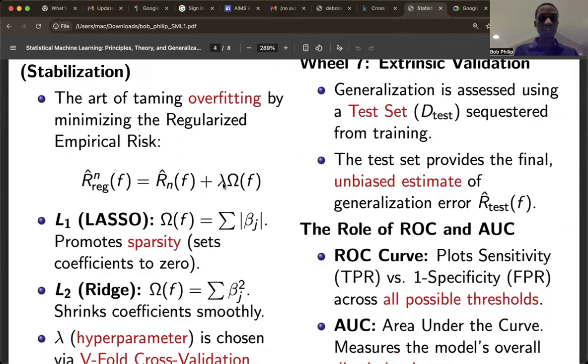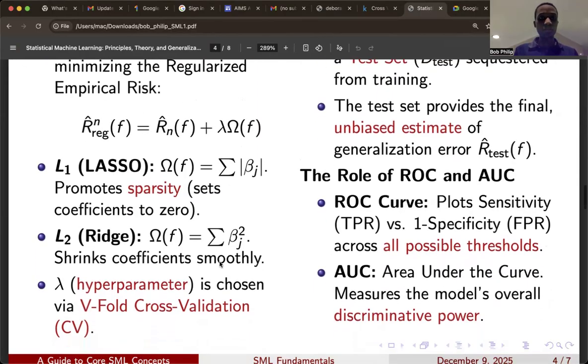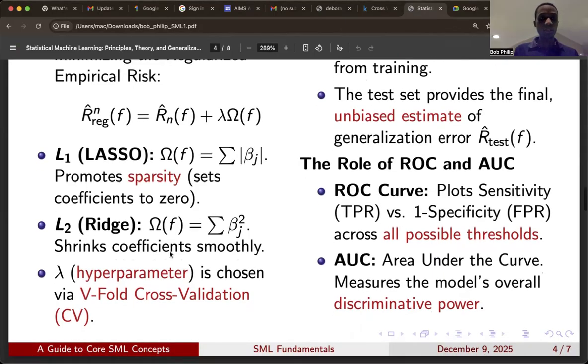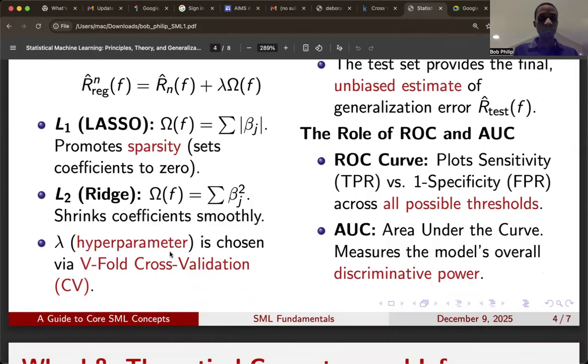The penalty here is lambda times omega of f. Lasso promotes sparsity, setting certain coefficients to 0. Ridge shrinks coefficients smoothly, with omega of f being the summation of beta j squared. The hyperparameter lambda is chosen by cross validation.